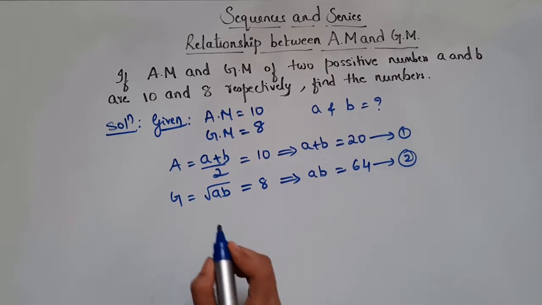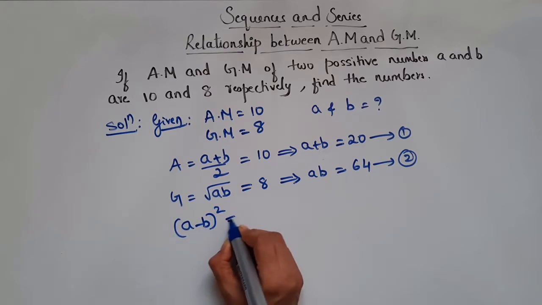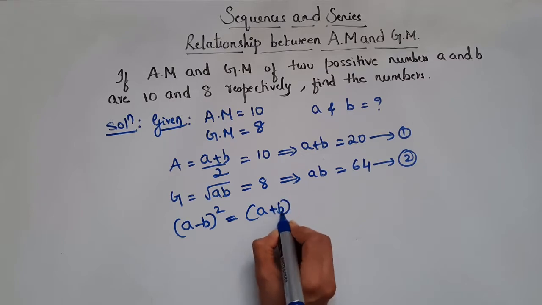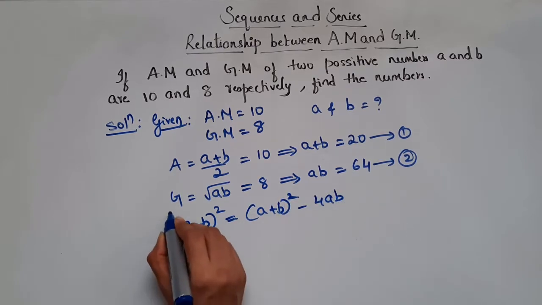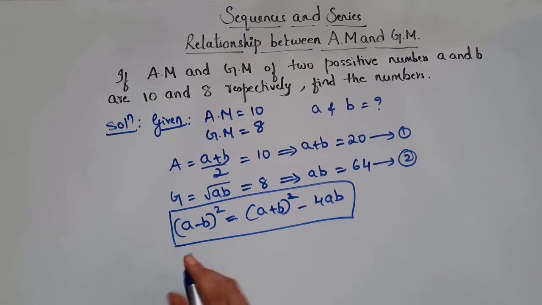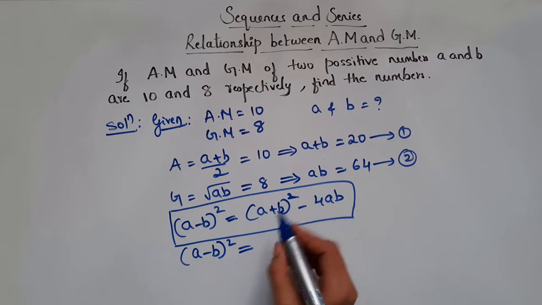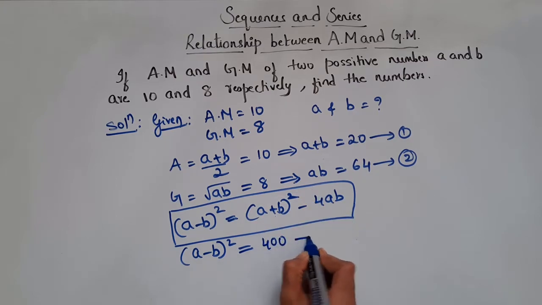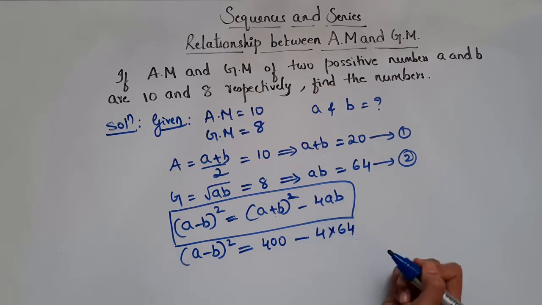So now let's take this equation as 1 and this equation as 2. We know one relation of the algebraic formula, that is (a minus b) the whole square is equal to (a plus b) the whole square minus 4ab. I hope you know this relation. So here we don't know a minus b. Our aim is to find a and b. a plus b is 20. So 20 square is 400 minus 4 into what is ab? ab is 64.